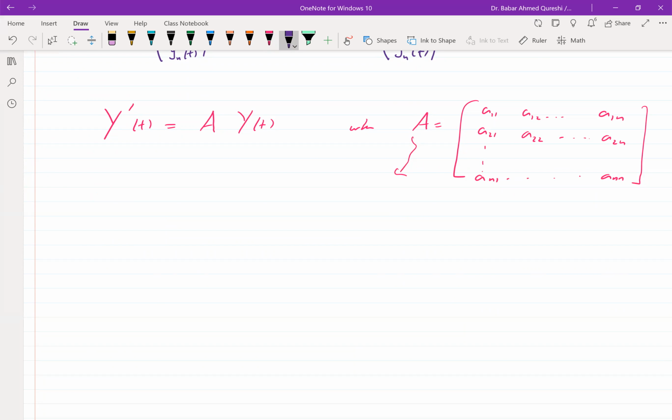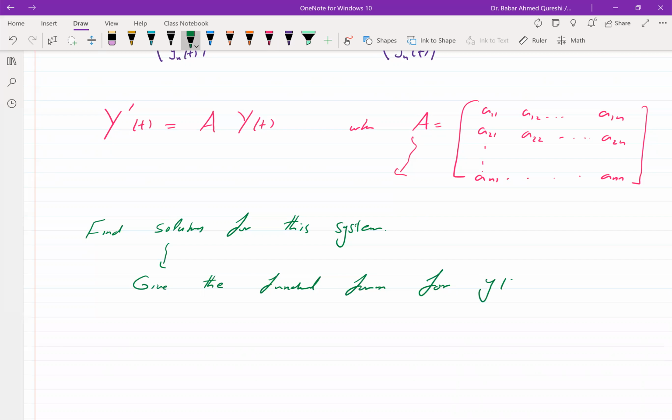How would you find the solutions? That's the problem. Find solutions for this system. What do I mean by find solution? Give the functional form for y of t.